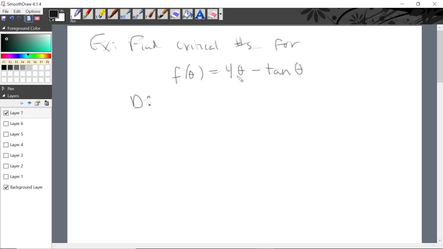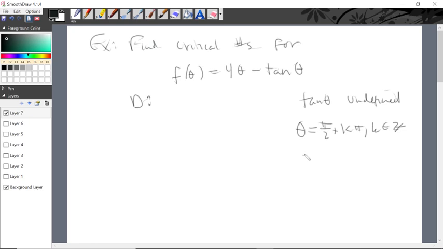So the domain: we have the difference of a polynomial and a tangent function. Polynomials are defined for all real numbers, but what about the tangent function? Tangent of theta, remember, is undefined for theta equal to pi over 2 plus k pi, where k is any integer.